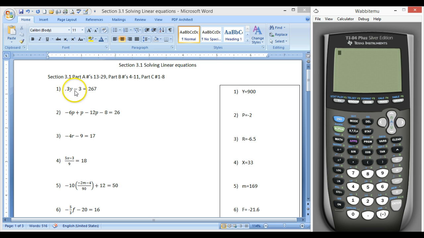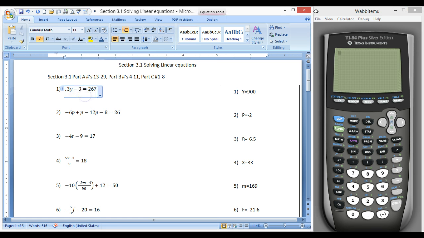Right here, what I see happening to the y is it's being multiplied and has a subtraction. Because I'm going backwards, I want to work with the subtraction part first. In Please Excuse My Dear Aunt Sally, the subtraction's at the very end, which means I'm starting with that in undoing and unraveling this order of operations.